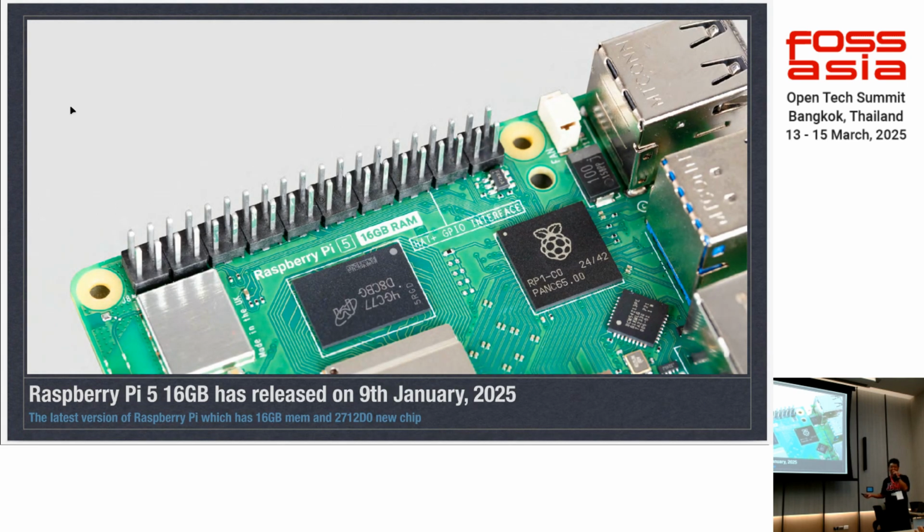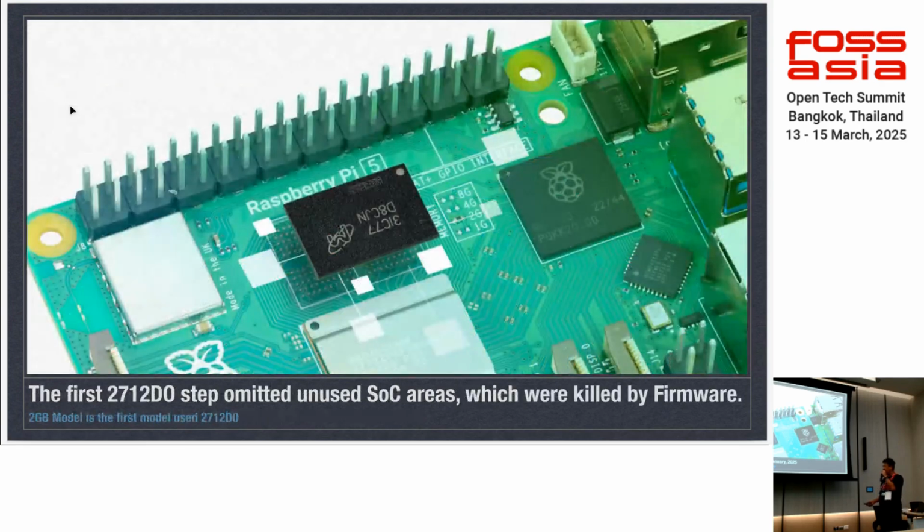What is the difference on the product? The home product has 8 gigabyte type, 4 gigabyte type, or the 2 gigabyte type. And it is good for the release for the new CPU updates.